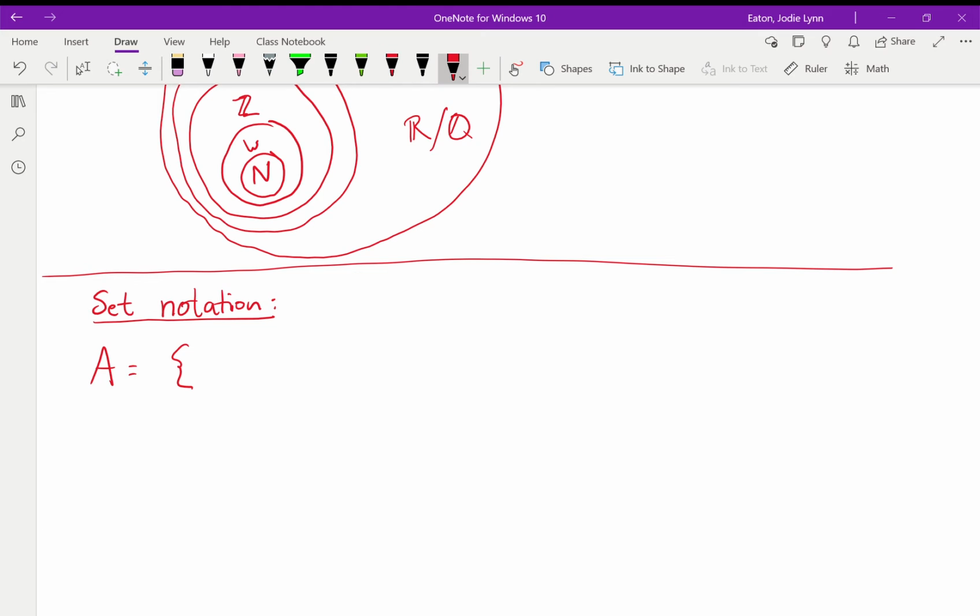We can write a curly bracket or a French brace and just list what we call the elements of the set. So each of these numbers here is an element of set A. And this set A is defined, it's just got some numbers that we've listed, and we would call these discrete elements, which means we can kind of separate them out and identify each one.